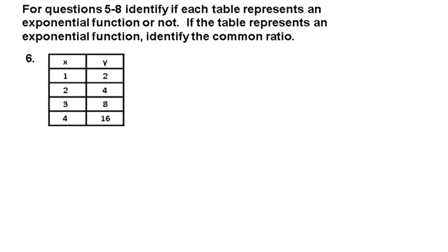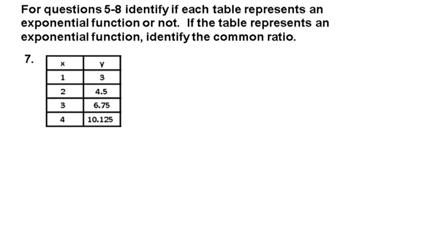Next, we're going to go to problem 7. See, this time let's go ahead and see if we have a common ratio. Now, what I'm going to do is take 4.5, the second term, divided by our first term, and see what that is.